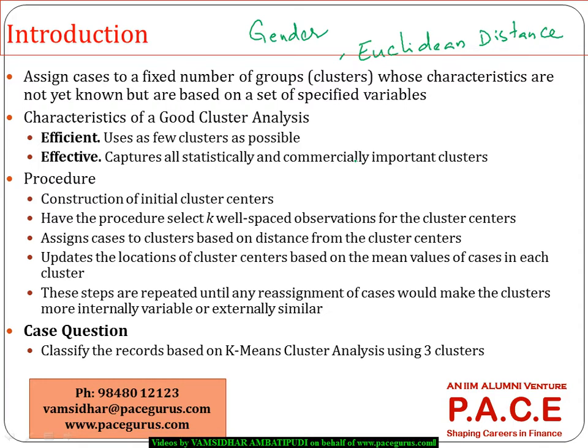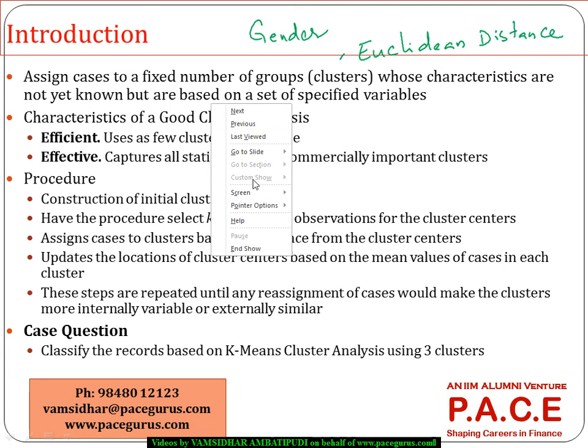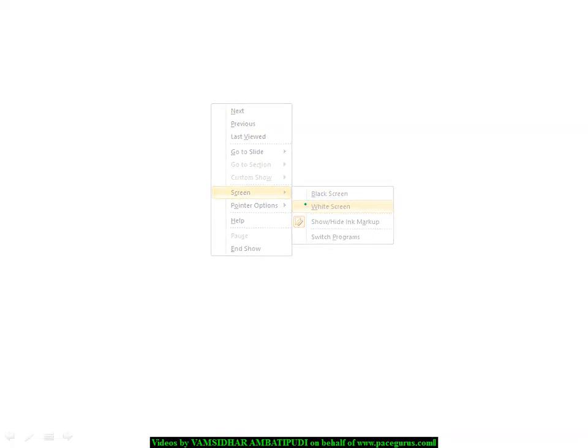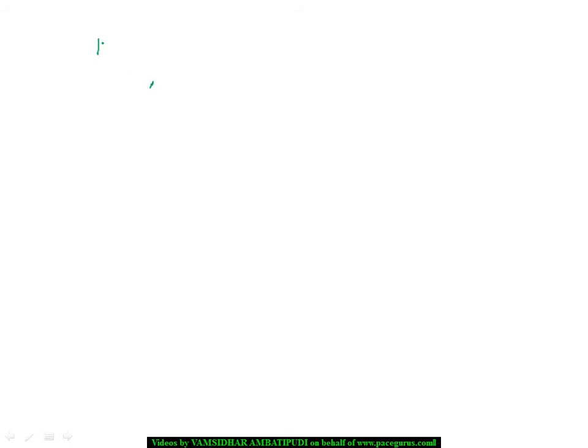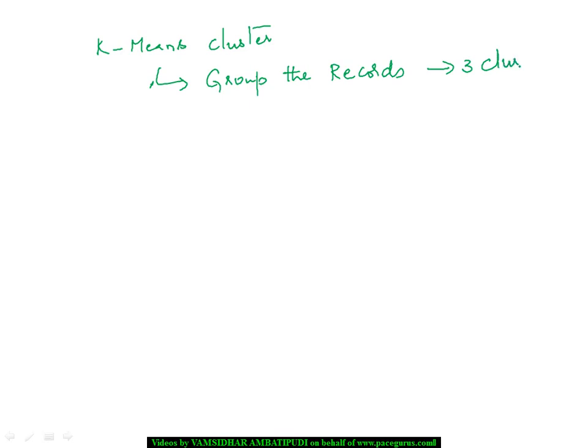So just to summarize the process, I have used the k-means cluster analysis to group the records. We have done the grouping of the records into 3 clusters, or I can use n number of clusters, especially in case of customer segmentation.